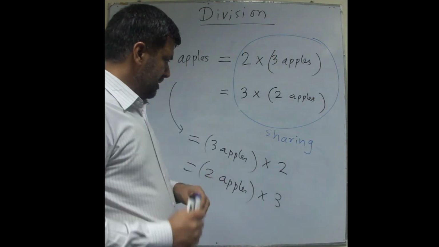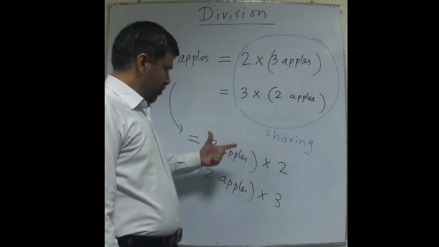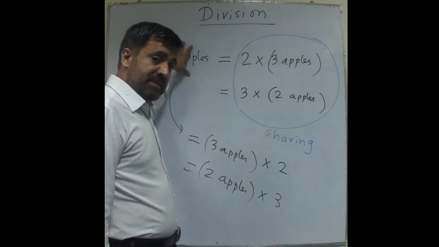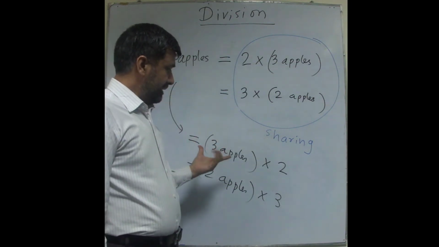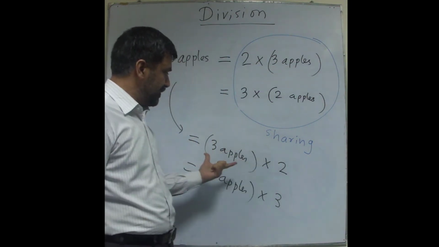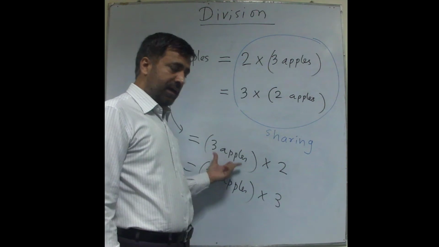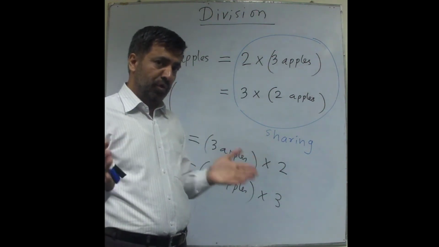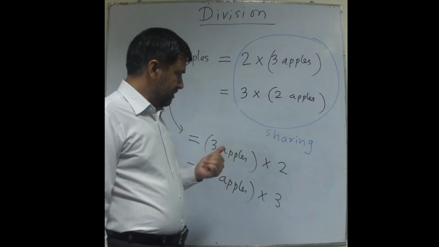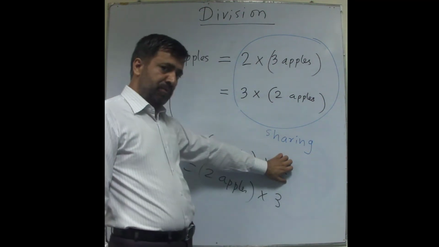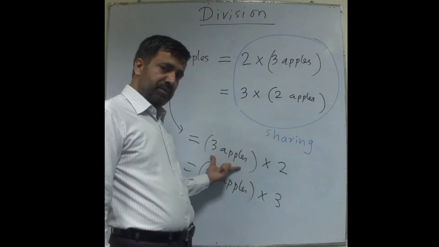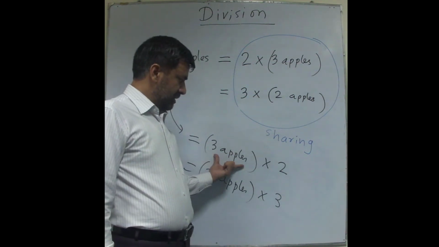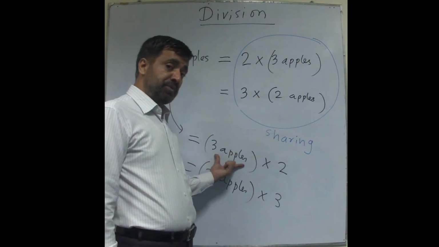Here we want to start with 6 apples, and this time I pretend to know this. I pretend that, okay, I do have to divide this among groups, but I don't know the number of groups. I instead know the size of each group.